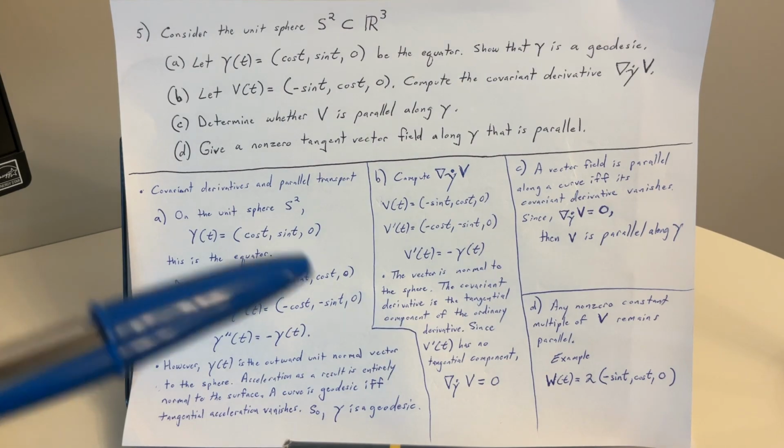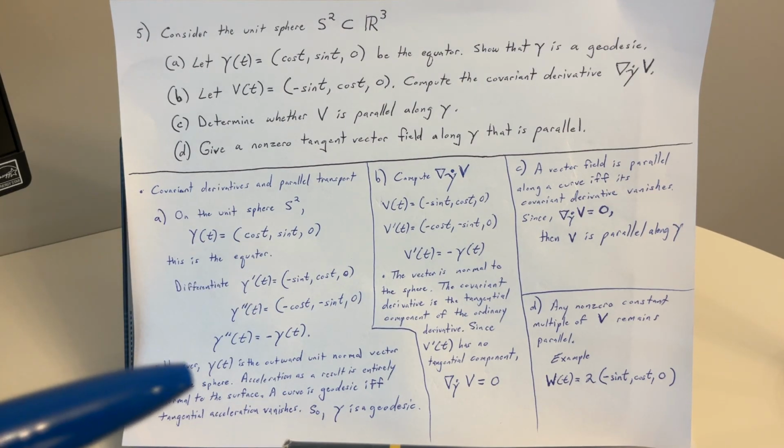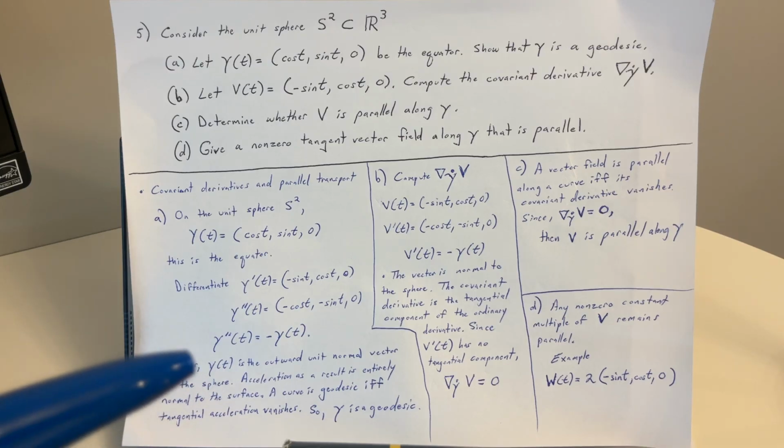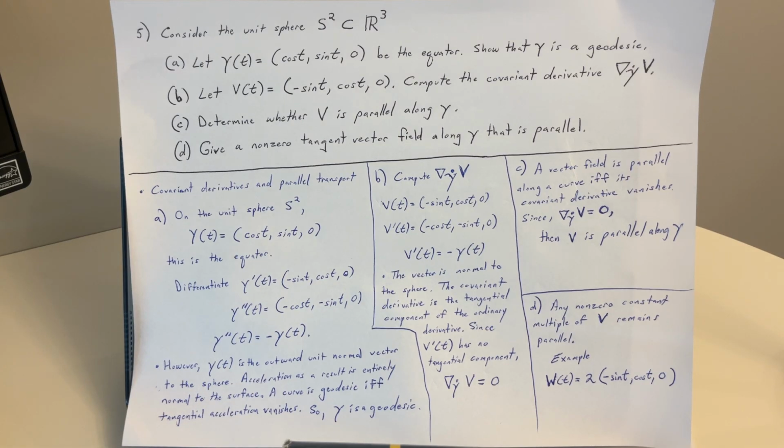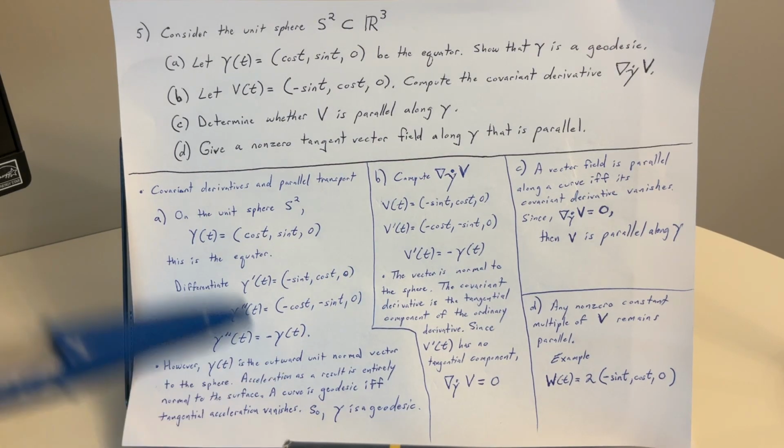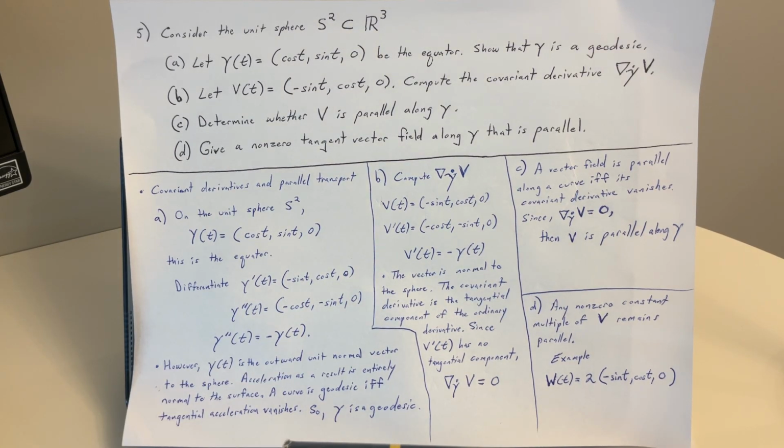So what we can conclude is that gamma of t is the outward unit normal vector to the sphere. Acceleration as a result is entirely normal to the surface. And a curve is geodesic if and only if tangential acceleration vanishes. So we could conclude that gamma is a geodesic.